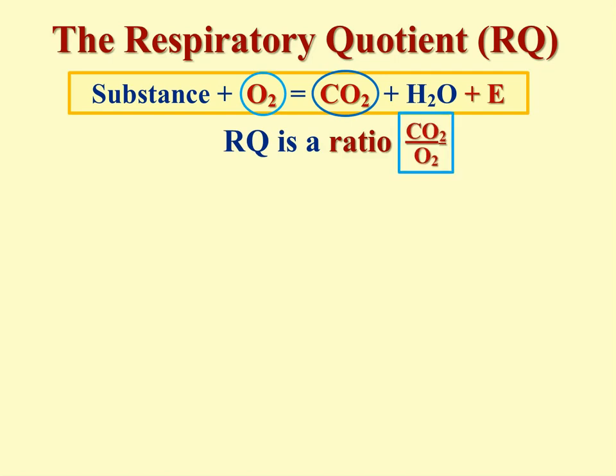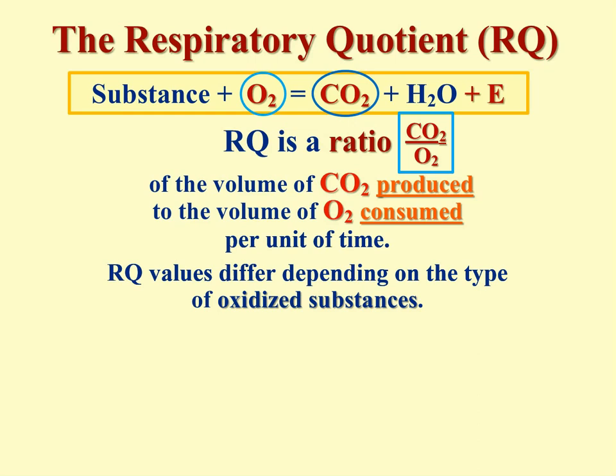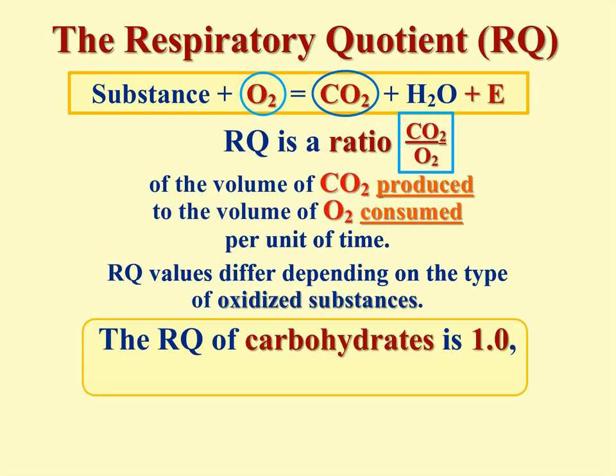The ratio is CO2 divided by oxygen; remember, oxygen is in the denominator. CO2 produced and oxygen consumed. Of course, only the volumes that participate in the reaction can be used. And then values of this respiratory quotient differ depending on the type of oxidized substances. See, the respiratory quotient of carbohydrates is exactly 1, and of fats it's about 0.7.